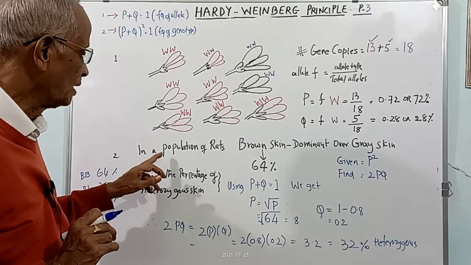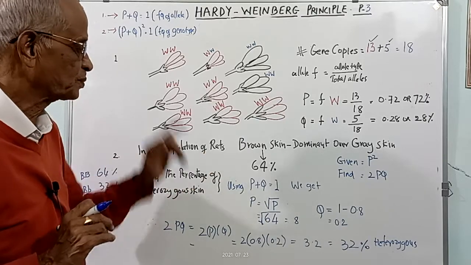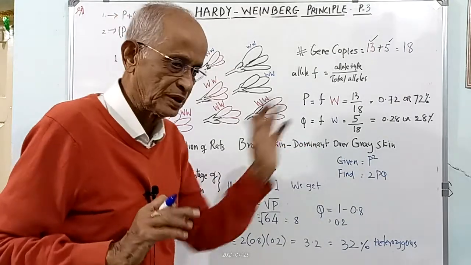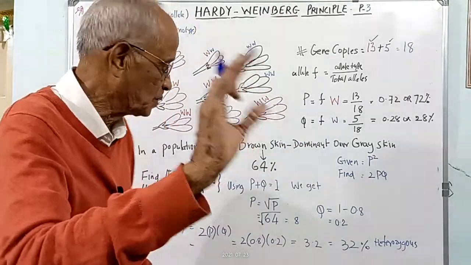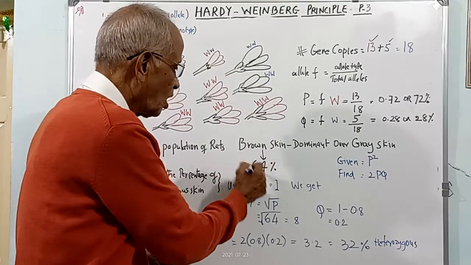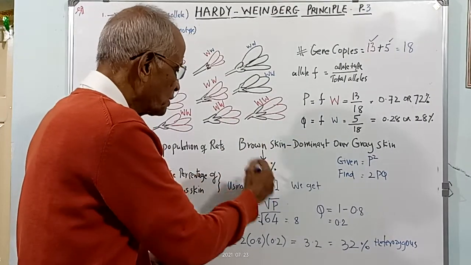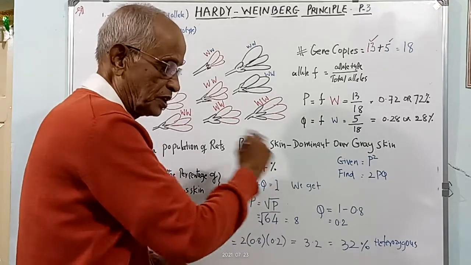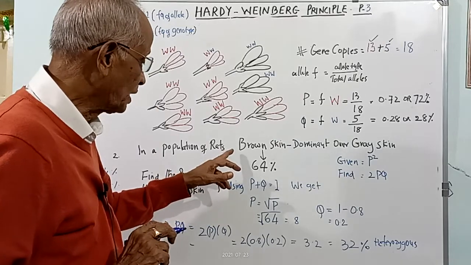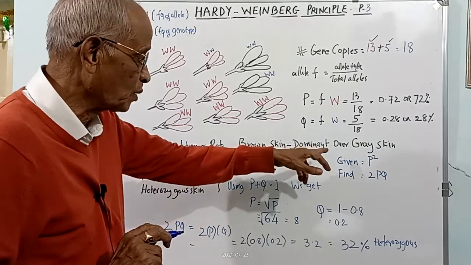We have given here a population of rats. The brown skin is dominant over grey skin. That is the fact, that is the data given. Then it also says 64% of the population will have brown skin, and we say brown skin is dominant over grey skin.